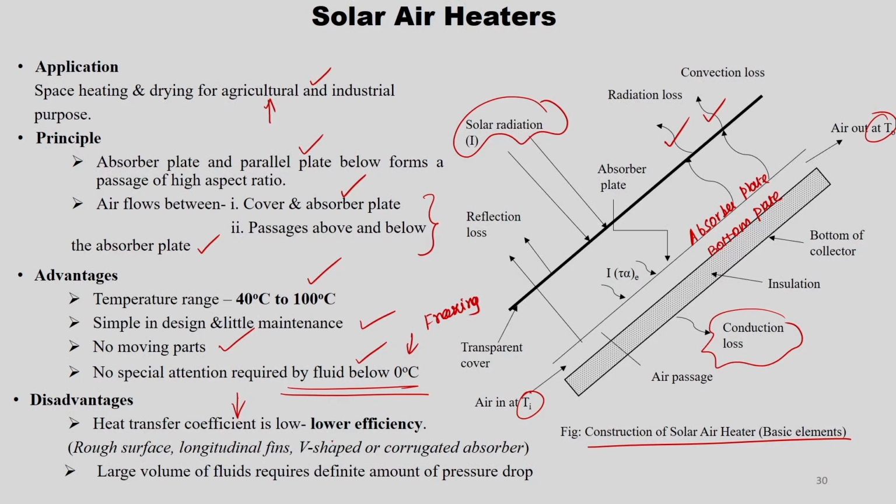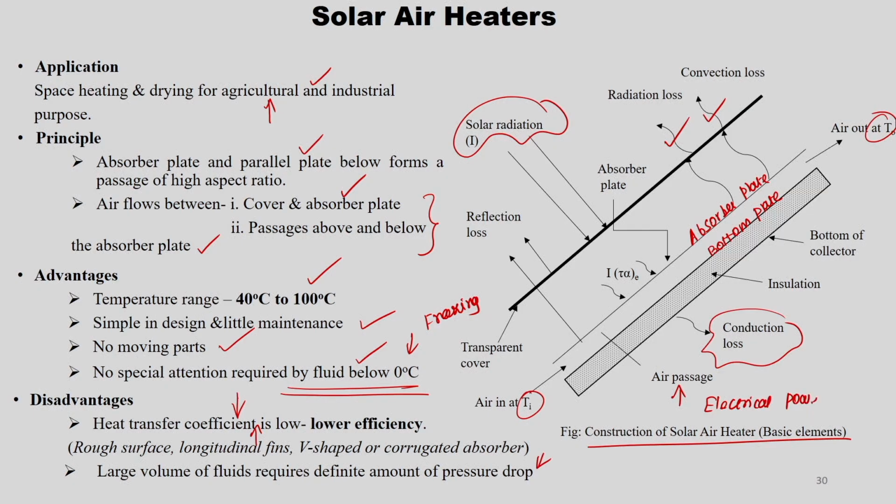On the disadvantageous side, we have the heat transfer coefficient to worry about, which is low, which leads to lower efficiency. To enhance this heat transfer coefficient, we normally use rough surfaces, longitudinal fins, V-shaped or corrugated absorber plates. Another disadvantage is the large volume of fluid to be handled, which requires a particular amount of pressure drop, because when you are blowing the air in between the absorber plate and bottom plate, you are obviously using electrical power.